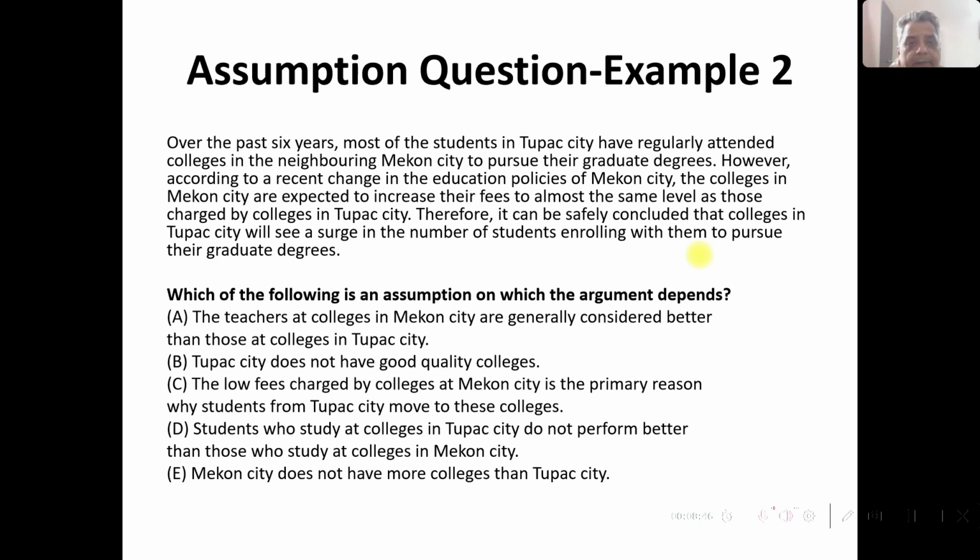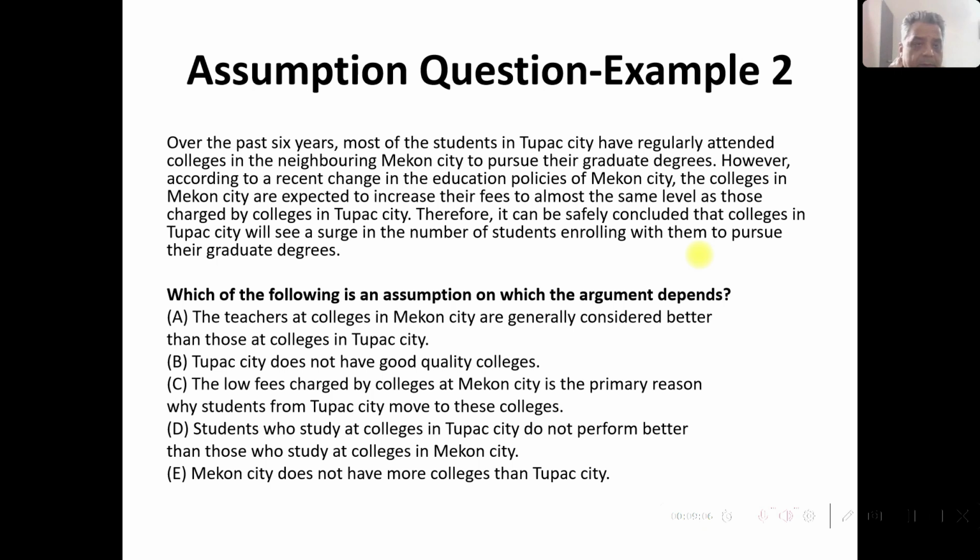So here the argument is making a causal relationship between the increase in fees in the colleges of Mekong City and the surge in number of students enrolling with Tupac City colleges.